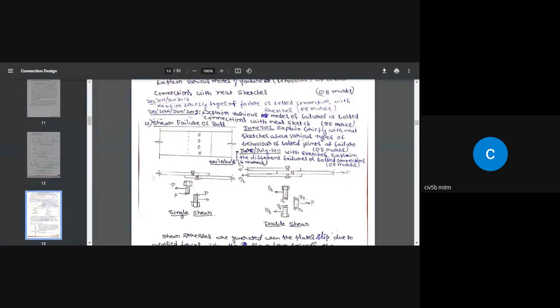This is the way the bolt is going to fail. That means the bolt shears, and there is only one surface. So we are going to consider this as single shear failure, or in other words, we say the bolt is in single shear.